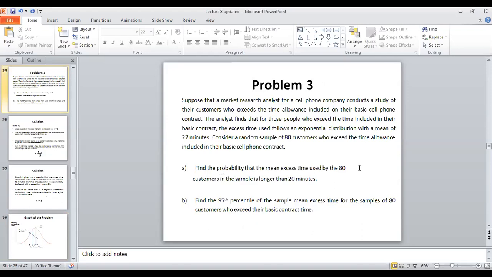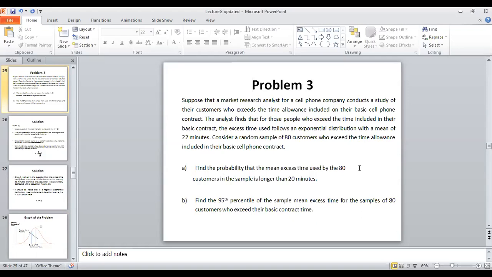So the question is this: suppose that a market research analyst for a cell phone company conducts a study of their customers who have exceeded the time allowance included on their basic cell phone contract. The analyst finds that for those people who exceed the time included in their contract, the excess time follows an exponential distribution with a mean of 22 minutes.